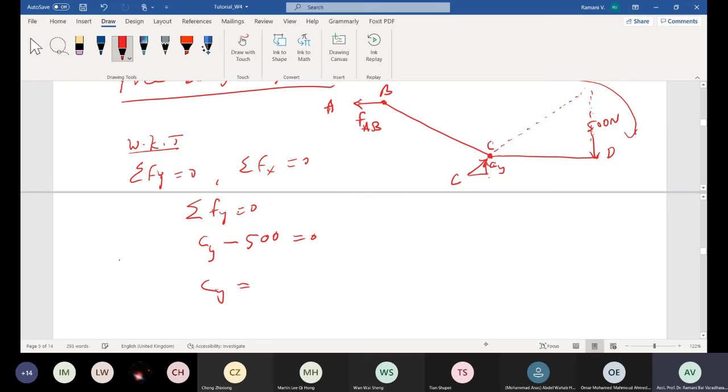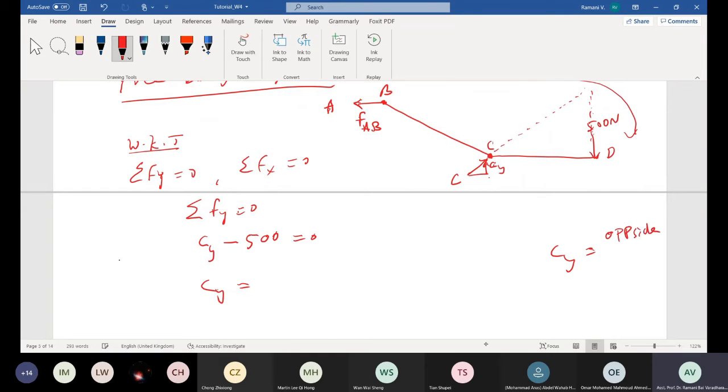CY is equal to, let's calculate CY from this triangle, which is hypotenuse times, CY is opposite side, right?